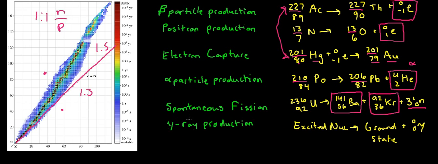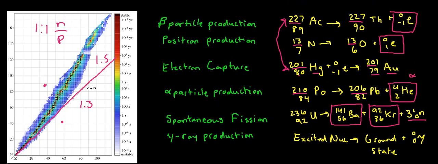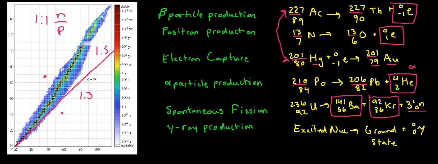And the last one is a type of radiation that, well, let's just talk about it first. It's gamma ray production. It happens when there's an excited nuclear state, and in order to get back to a ground state, it releases energy.